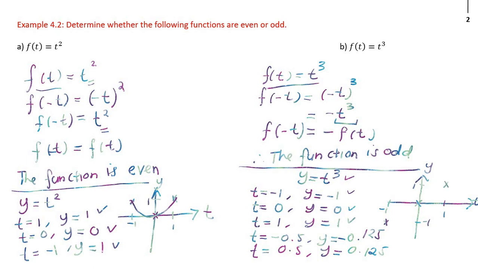And when t is negative 0.5, y is negative 0.125. The graph is something like this. Sorry, my drawing is not that good. Okay, we proceed with another example.